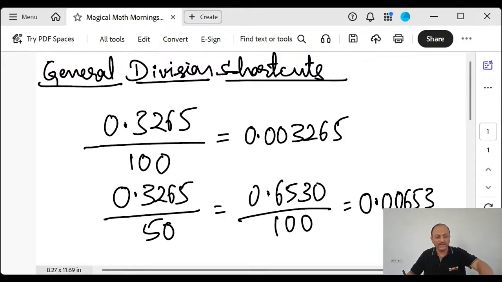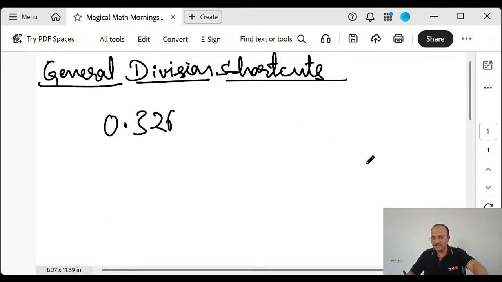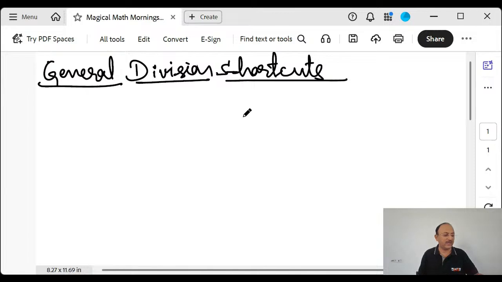One last one we'll try, so that tomorrow we can use the advanced application of these things, especially decimals and fractions. Also, we should be able to do the divisions quicker. Let's take one quick division. 3.14 divided by 0.25.